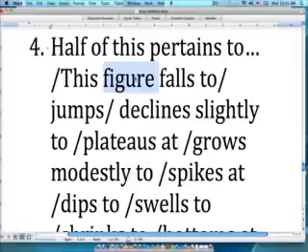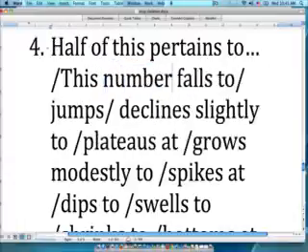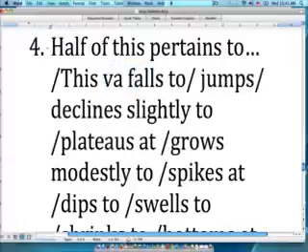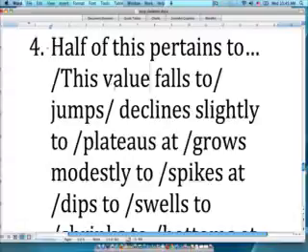We can also change figure to maybe this number, or even maybe this value. There's a variety of ways that we can write this. Now, commonly, students make mistakes with the preposition they choose to follow these phrases with. So this figure falls by you can use, but of course now we're changing the meaning of the sentence.